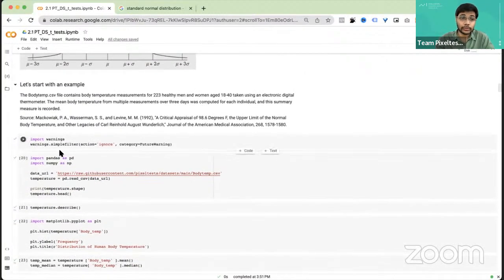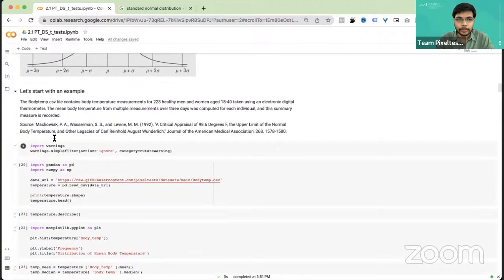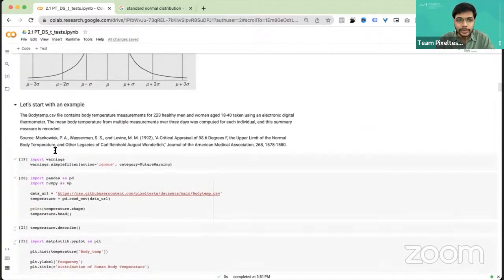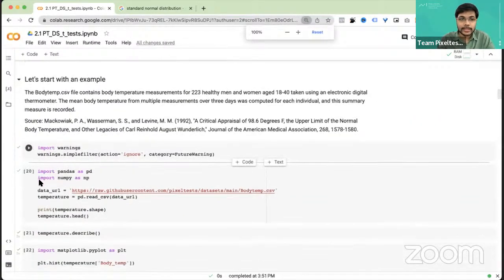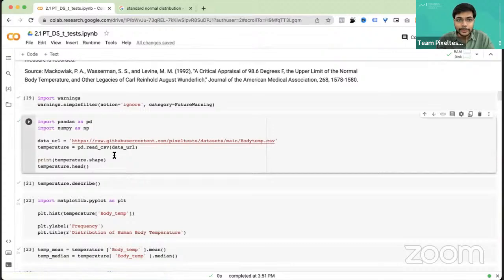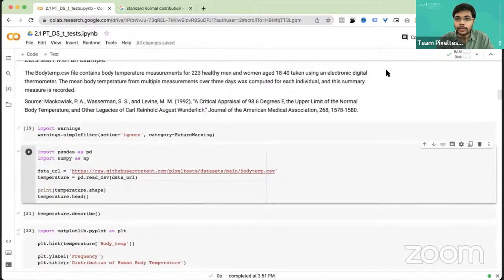So now what we're going to do is start understanding with one specific data set here. This data set has all the temperatures, right? So this is body temp.csv. Let me try opening the CSV.